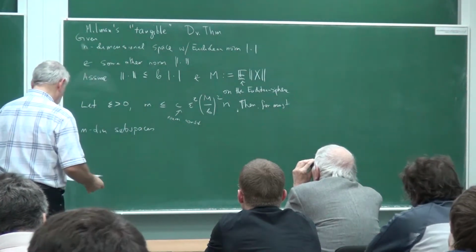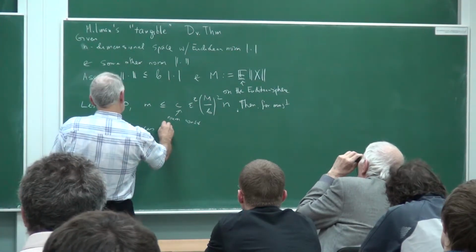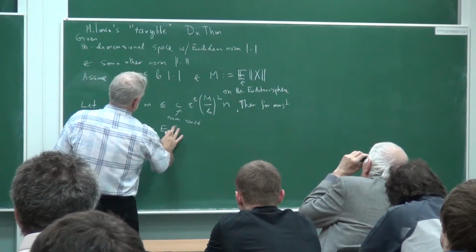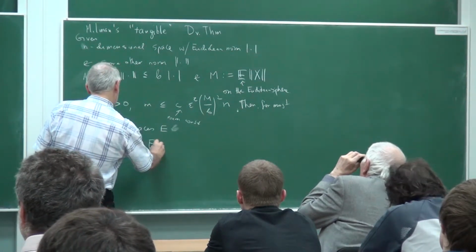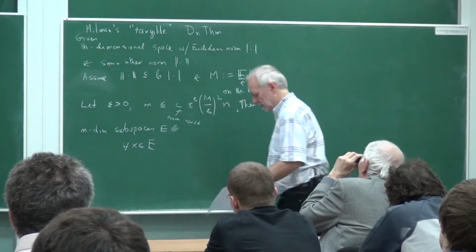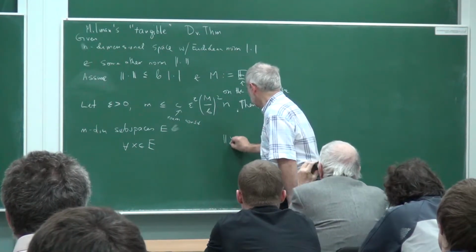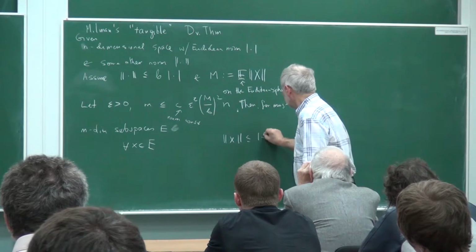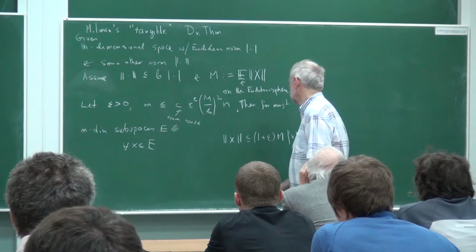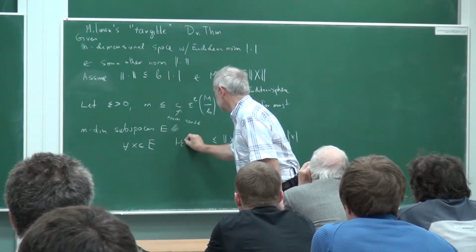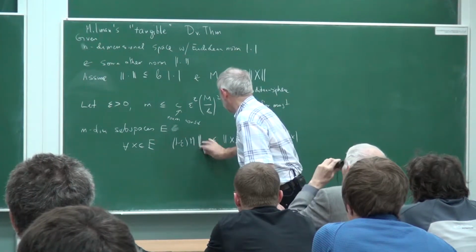the following holds: for all x in the subspace E, we have a two-sided estimate: the double norm of x is less than or equal to 1 plus epsilon times M times the usual norm, and greater or equal to 1 minus epsilon times M times the Euclidean norm.